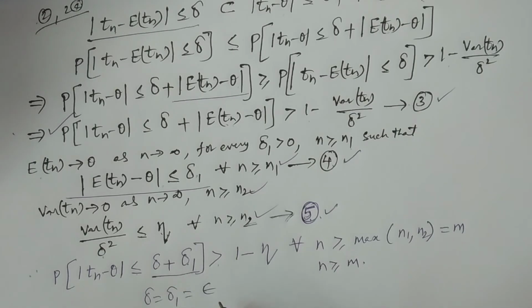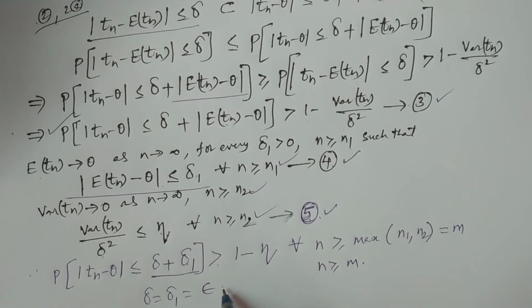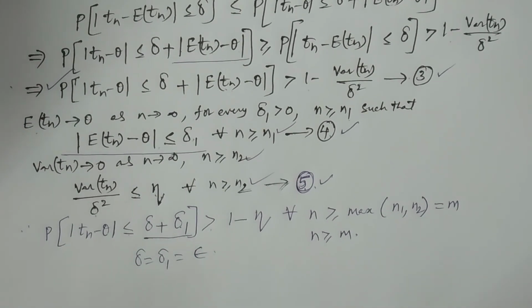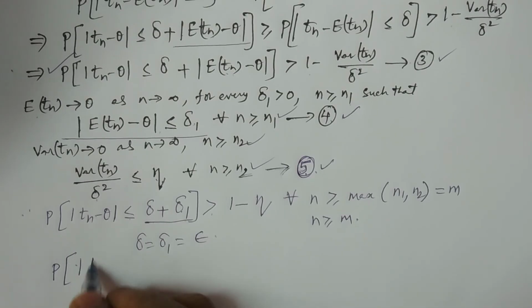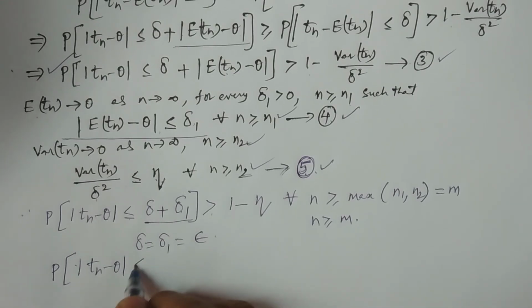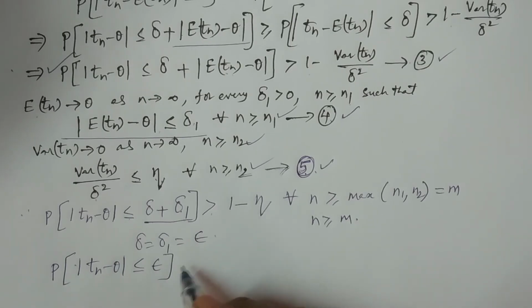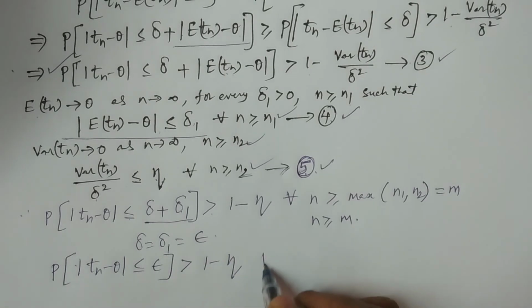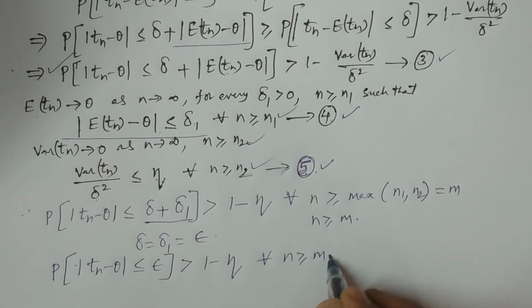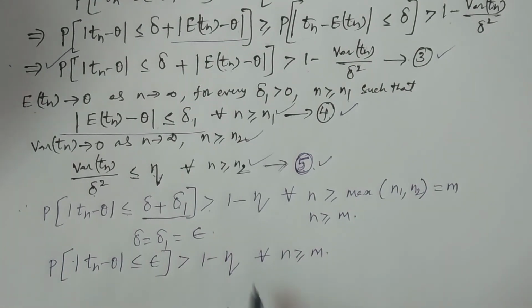Delta and delta 1 are also small positive quantities, so epsilon is a small positive quantity tending to 0. Therefore, the probability of the modulus of Tn minus theta being less than or equal to epsilon is greater than 1 minus eta for all n greater than or equal to m. What is this definition?